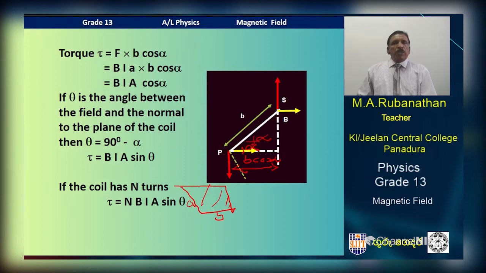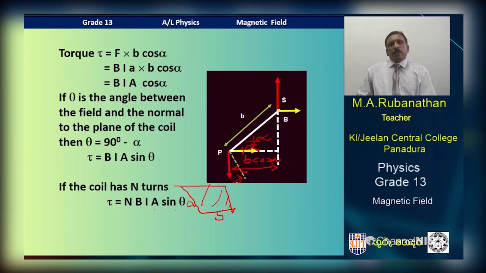Now here, if theta is the angle between the field and the normal to the plane of the coil, first see what theta is. Here the dotted line I mentioned is the line normal to the plane.